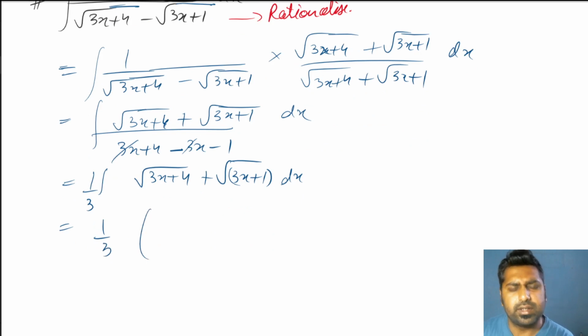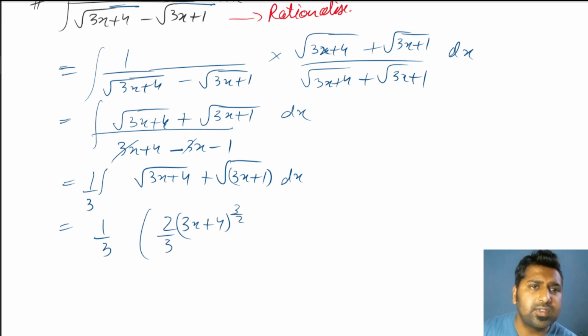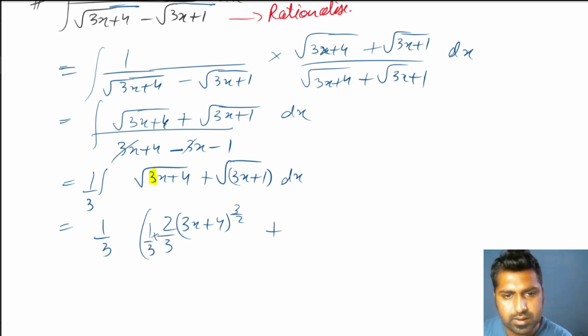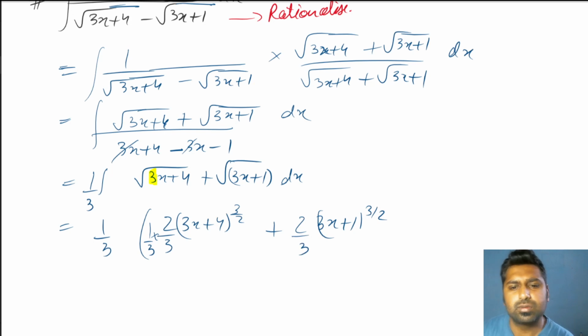Now let's write down the integration of this. So power 1 by 2 means add 1, so 1 by 2 plus 1 becomes 3 by 2, divided by 3 by 2, that is multiplied by 2 by 3, as well as the coefficient of x, don't forget that, so into 1 upon 3 additionally, plus same thing here, 3x plus 1 raised to power 3 by 2 divided by 3 by 2 also, so 2 by 3, and additionally 1 by 3.